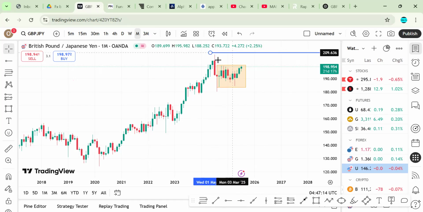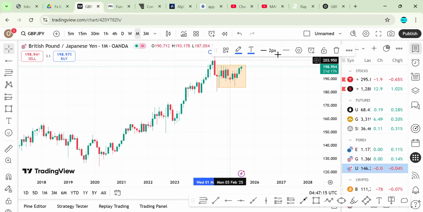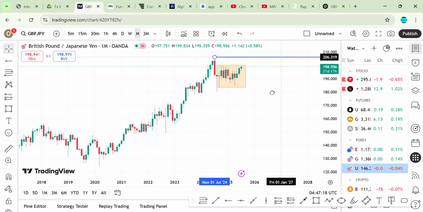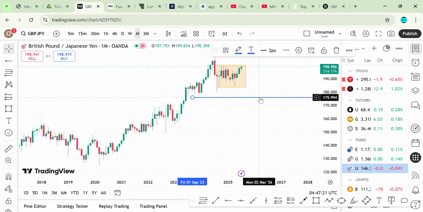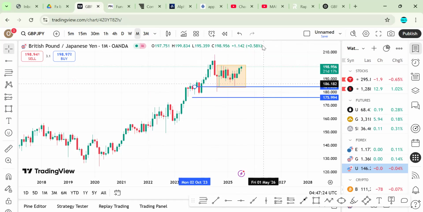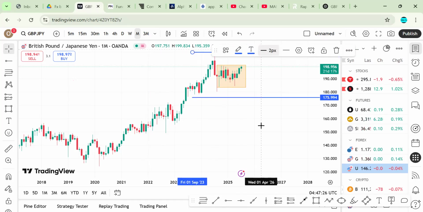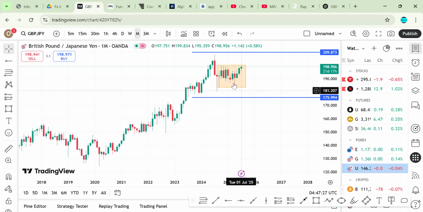In other words, this high had not been taken out. Neither has it been able to make a new low. So if I place this here and this here, that would clearly tell us that this market has been ranging for a whole year.